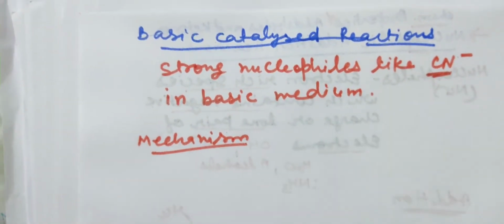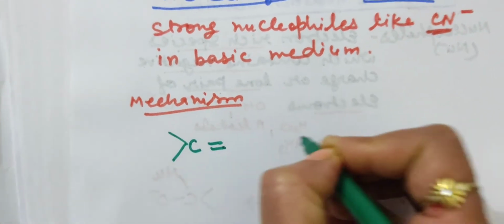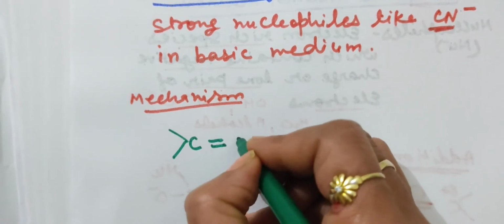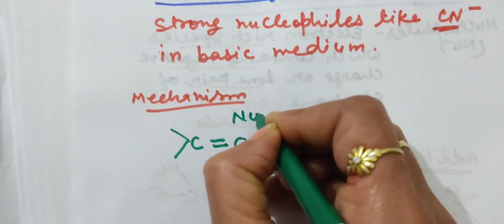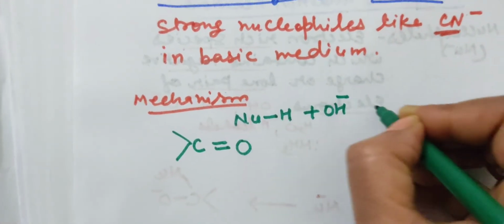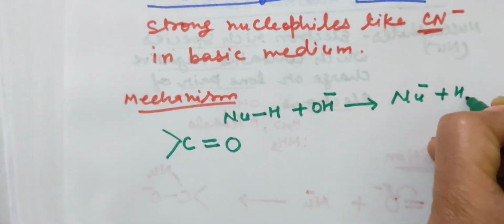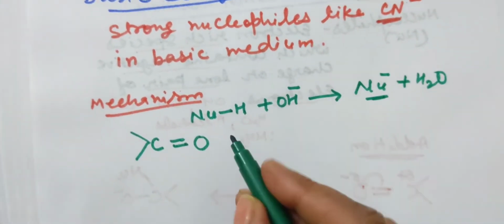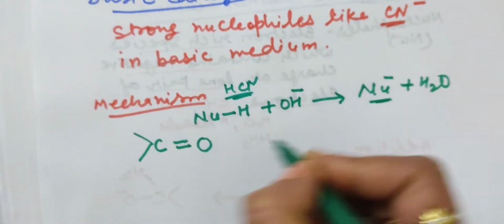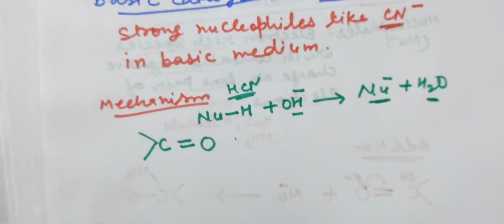So the mechanism will be: when any aldehyde or ketone reacts with a nucleophile, Nu, suppose HNu reacts with OH negative, it gives Nu negative plus H2O. Suppose in place of this it will be HCN. If HCN reacts with basic medium, it gives water and the nucleophile.